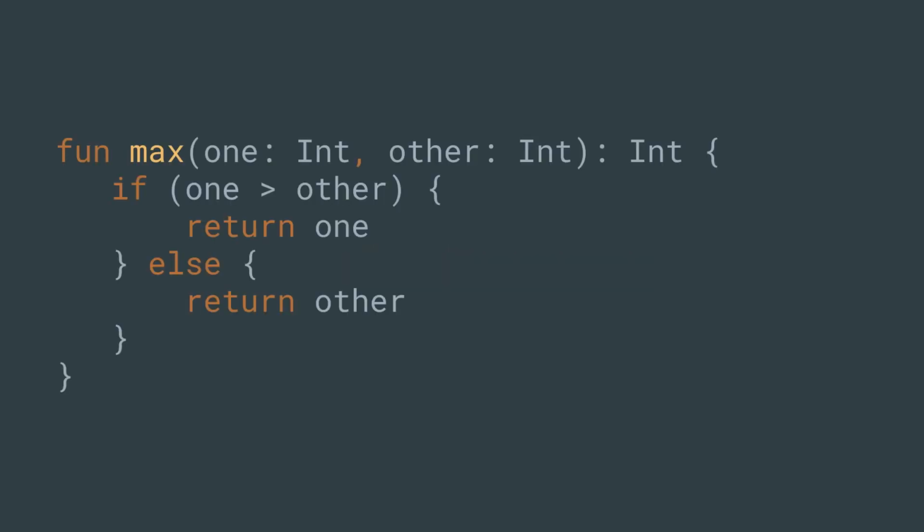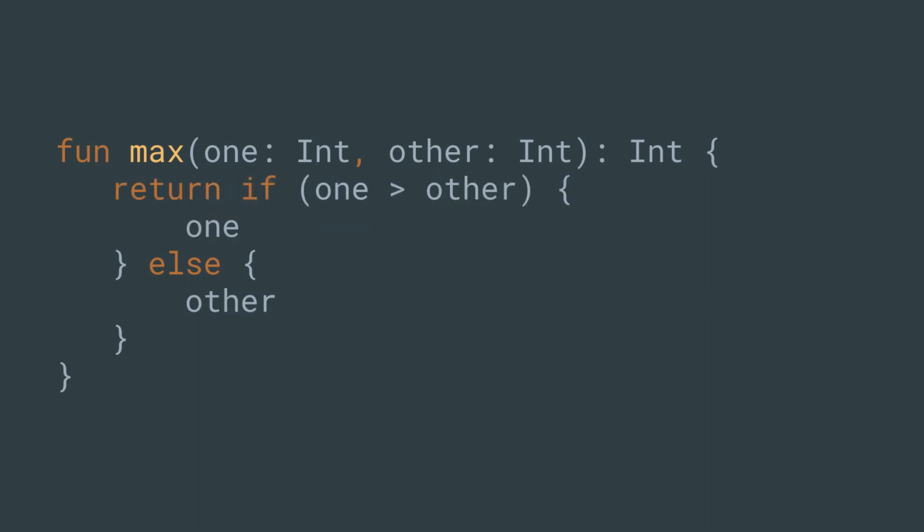This is just a simple function that takes two ints and returns another int that's the maximum of those two. And this is pretty much the same thing you write in Java, other than the first line. But Kotlin lets us do some cool stuff. In Kotlin, for instance, if is not just a control flow construct.